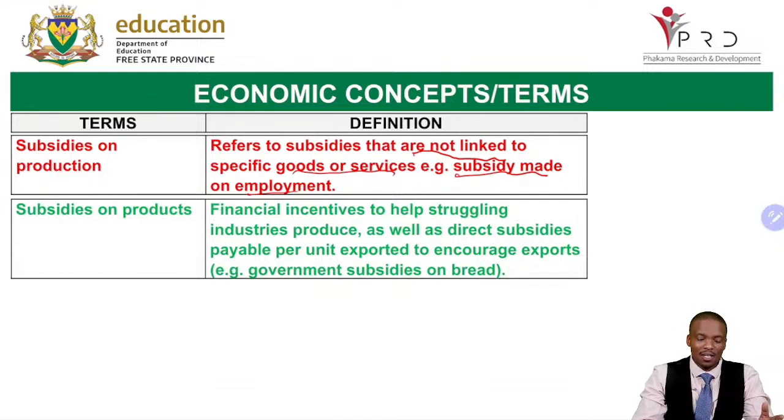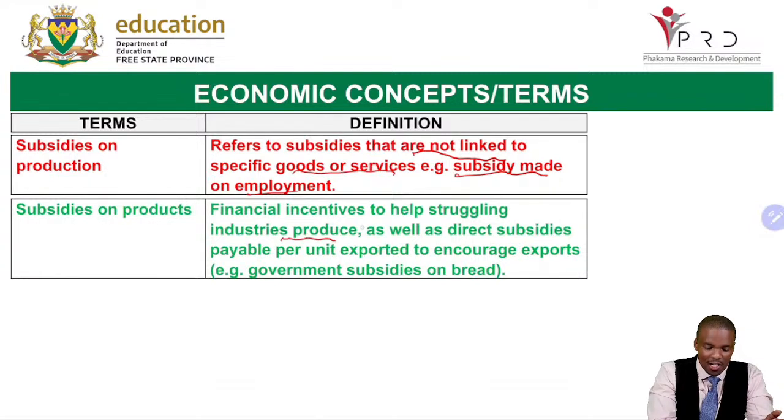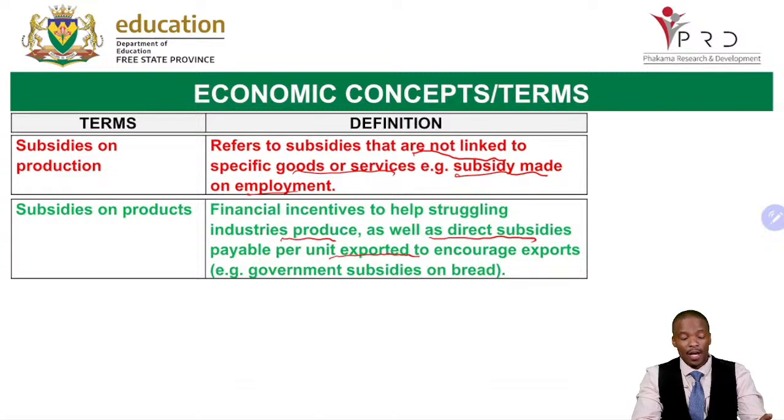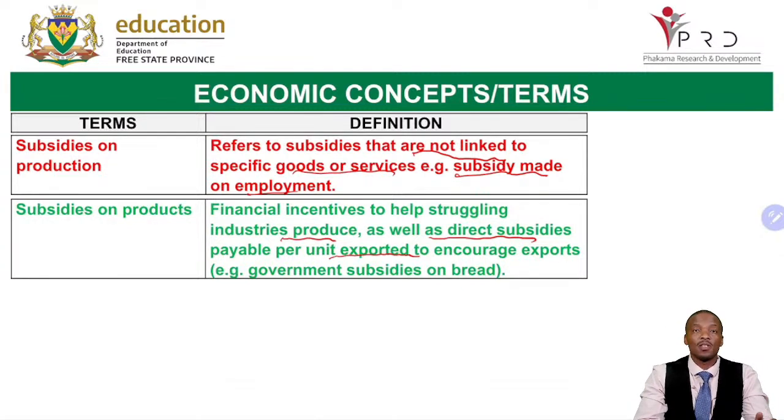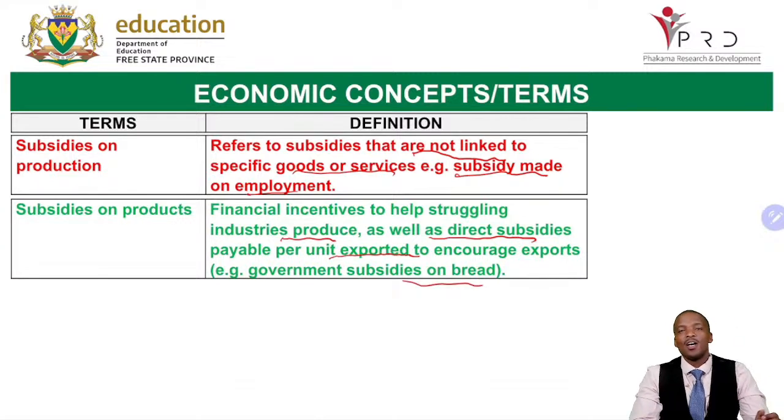Opposite to subsidies on production, we've got subsidies on products. These are financial incentives that help struggling industries to produce, as well as direct subsidies that are payable per unit of exported goods and services, to encourage what? Exports. For example, subsidies on bread. This one affects you and I as the consumer.